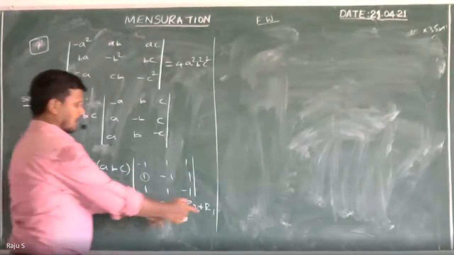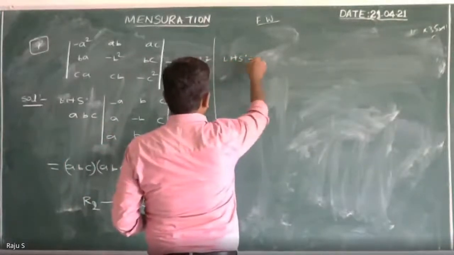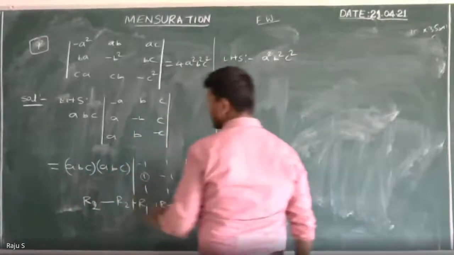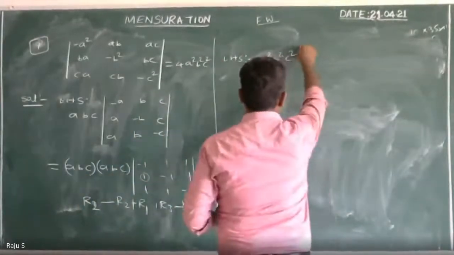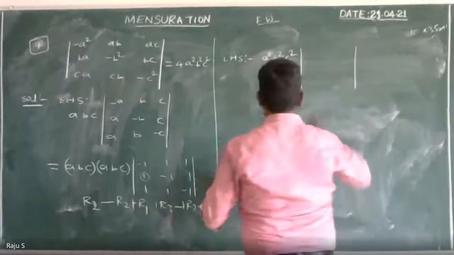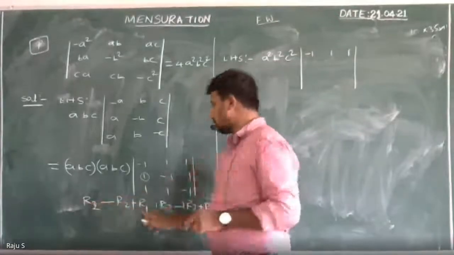Adding, then finally your LHS is a square, b square, c square, from a b c into a b c, times the remaining determinant after applying these operations. The first row remains the same. I am applying the operation on R2 and R3.